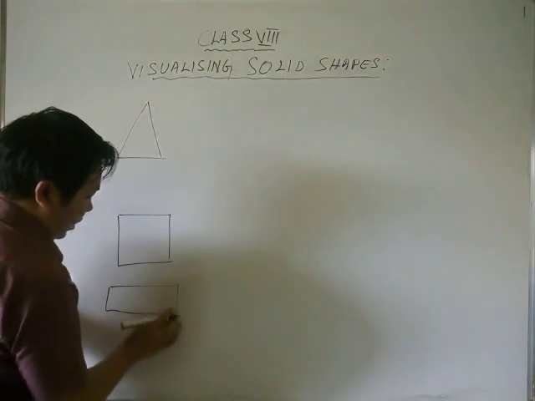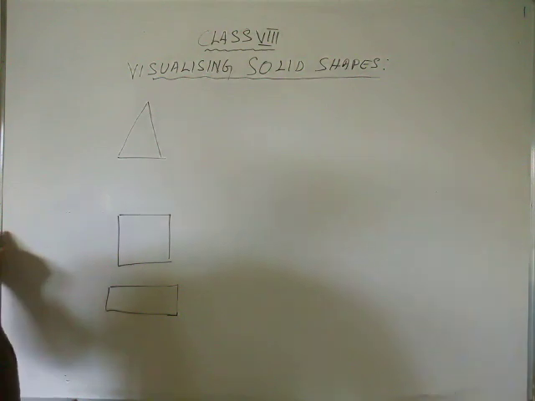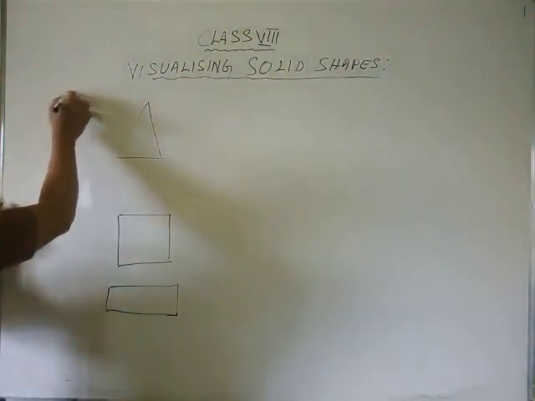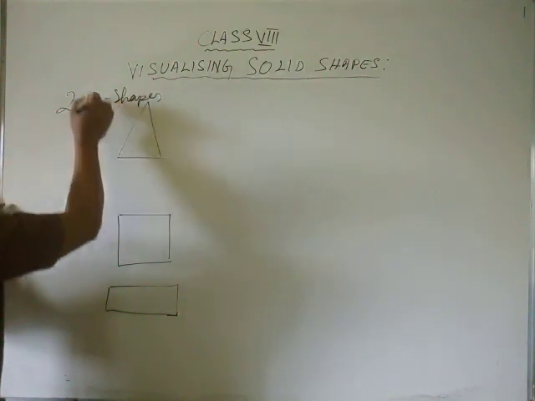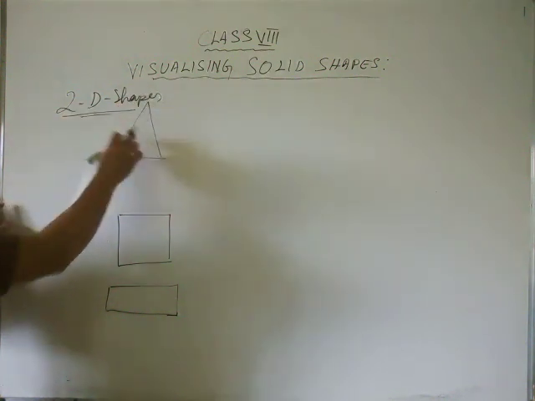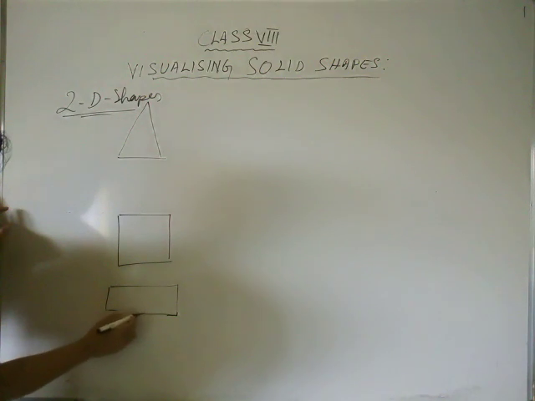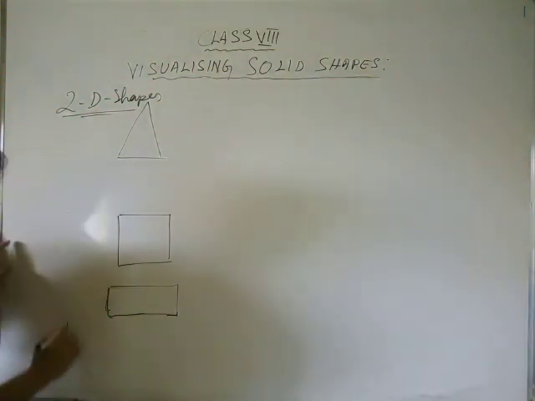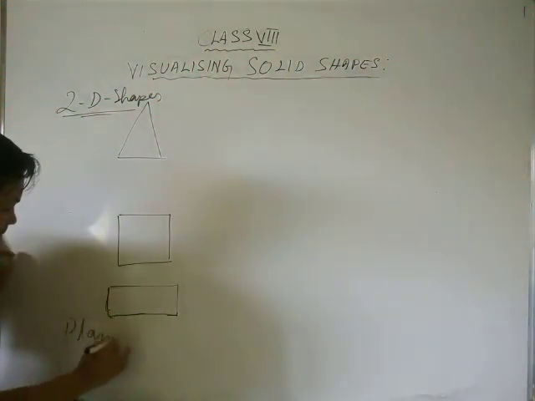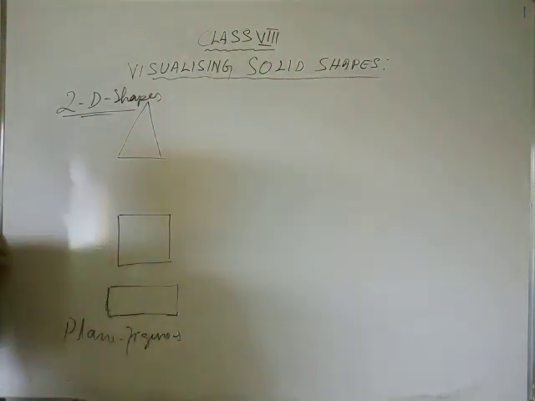These shapes are called 2D shapes. Triangle, square, rectangle are examples of 2D shapes. They are called plane figures.